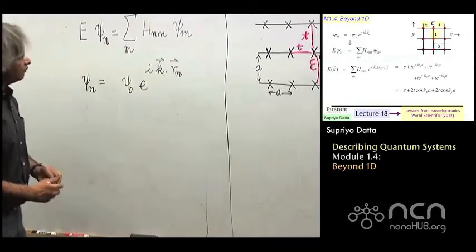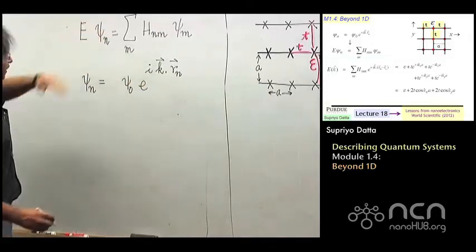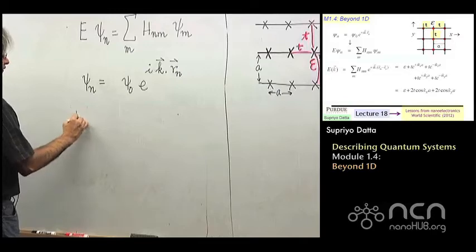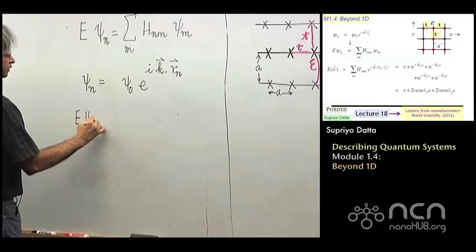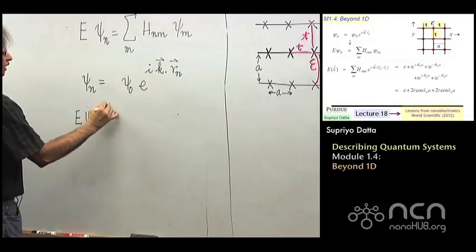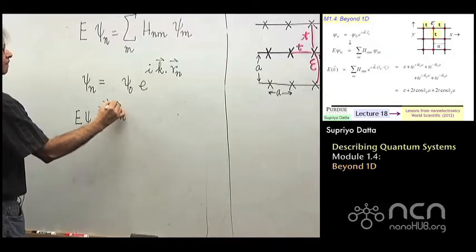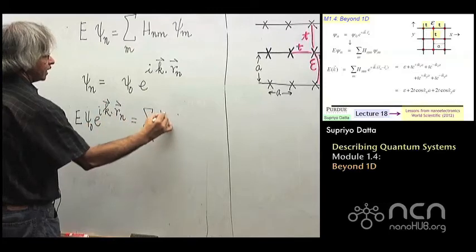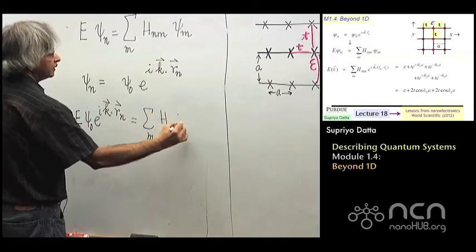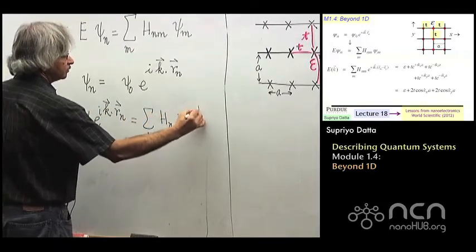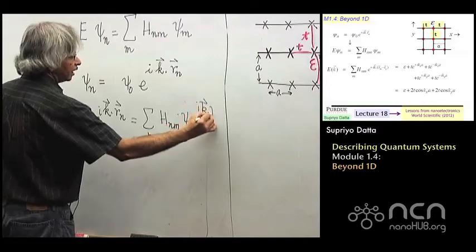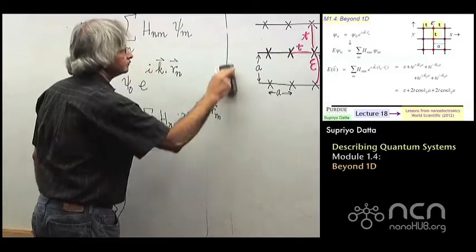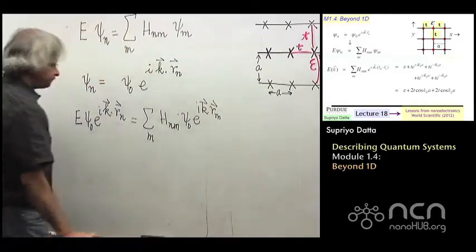Okay. Now, if I substitute this in here, what we'll get is, again, E psi 0 e to the power i k dot Rn is equal to sum over m h nm psi 0 e to the power i k dot Rm. That's it.